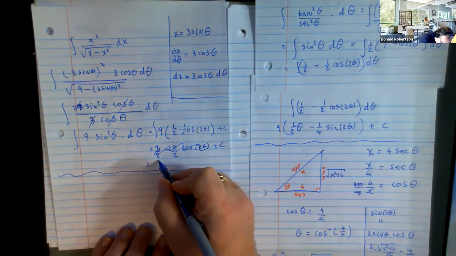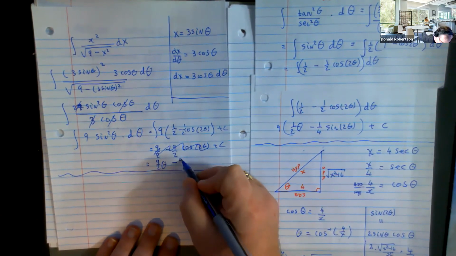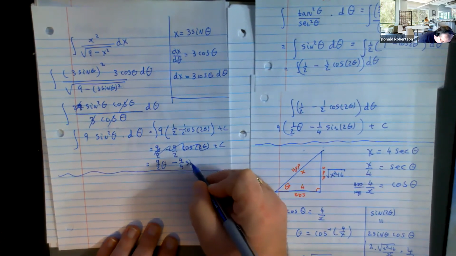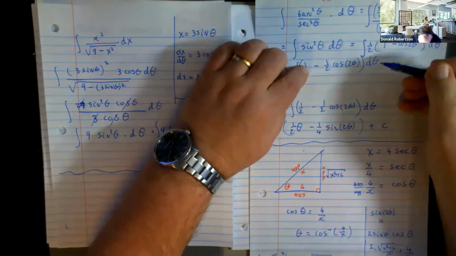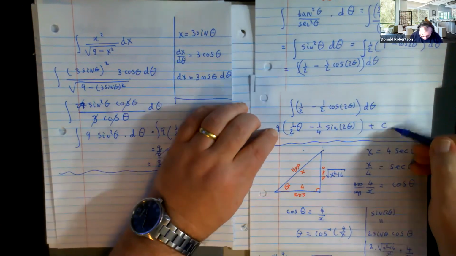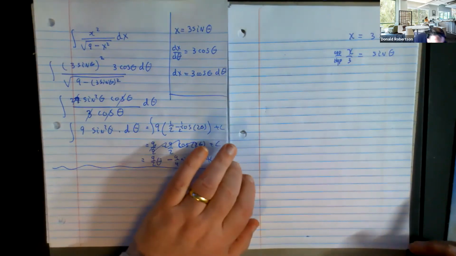So you get 9 thetas. Take away 9/4 the sine of 2 theta. I looked there and didn't realize that the final answer was here. So that's my mistake.